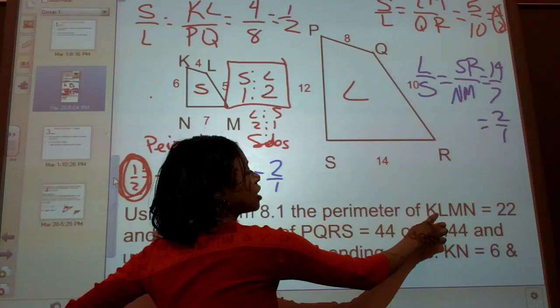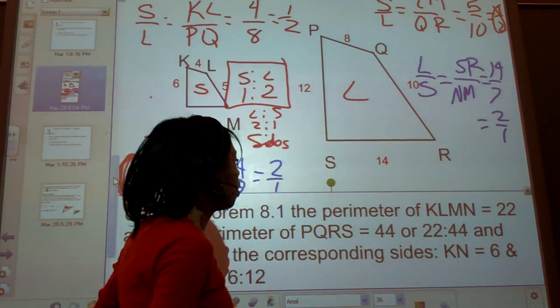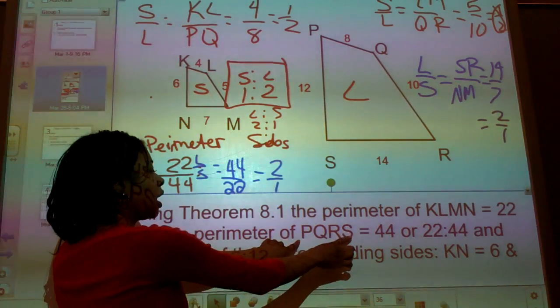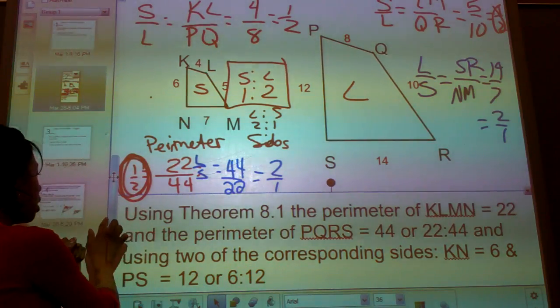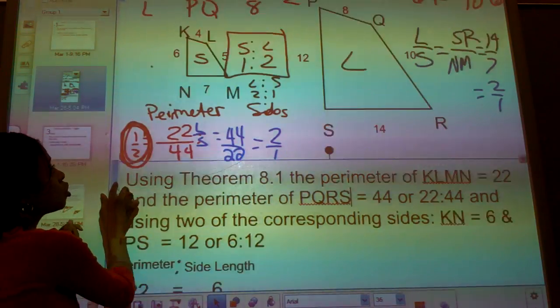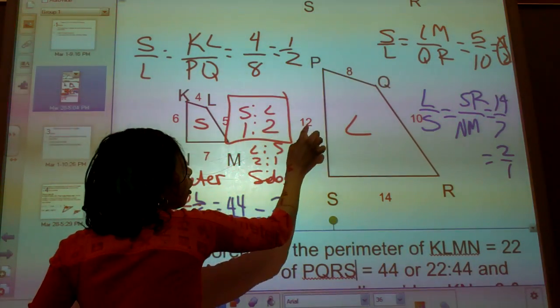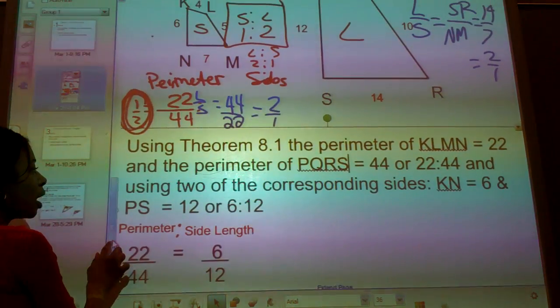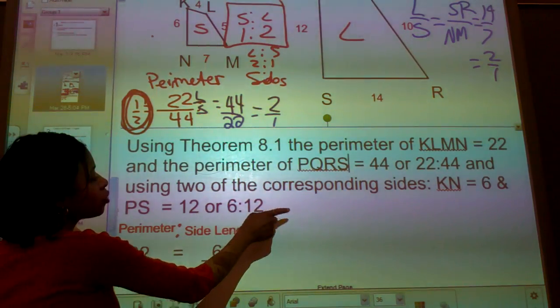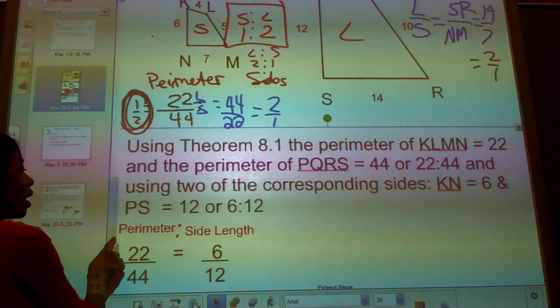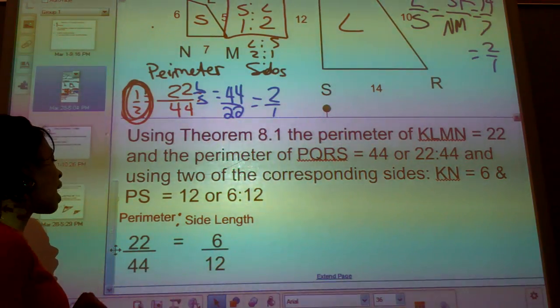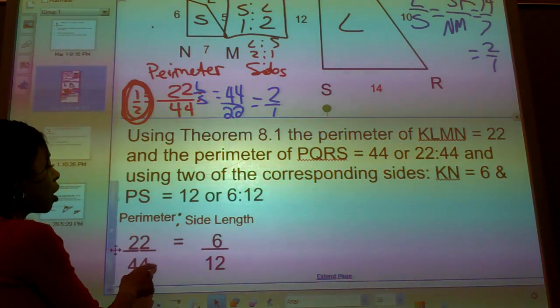What corresponds to KN? That means I have to compare P and S in that order. PS is equal to 12. So it's 6 to 12, which is equal to 1/2.